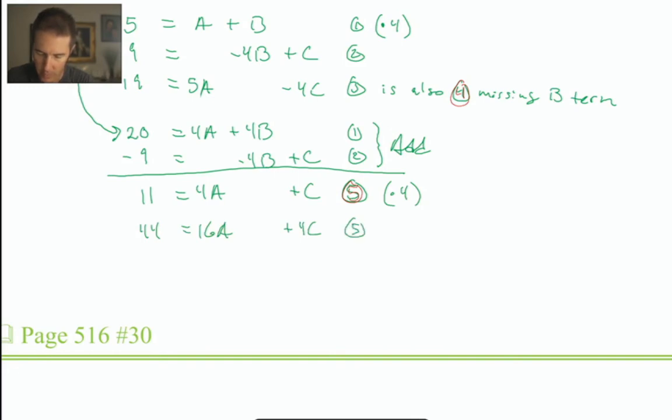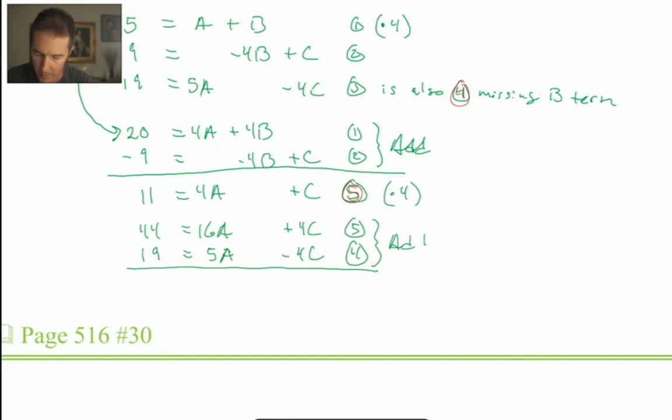That's still equation 5. Below it, I'm going to write equation 4, formerly known as equation 3, which is 19 equals 5a minus 4c. That's equation 4. I'm going to add these together now.